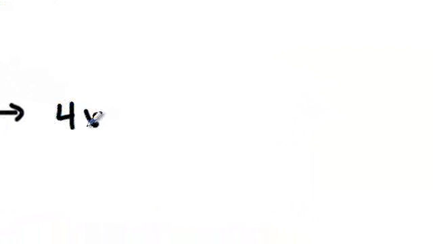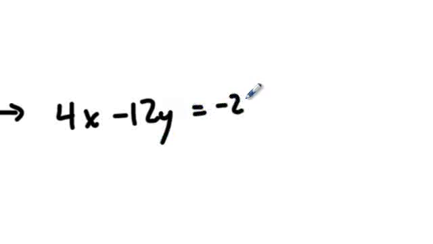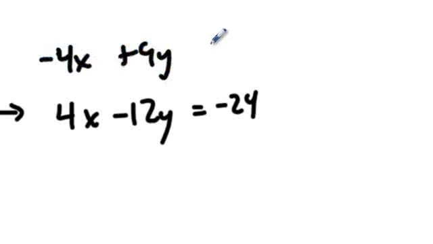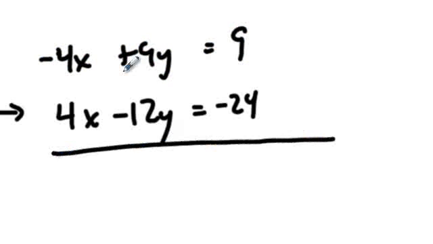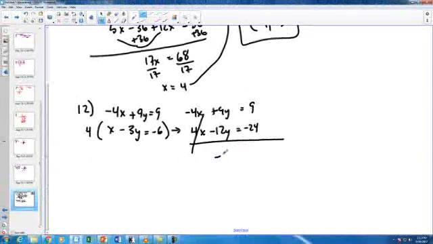I'm going to have 4x minus 12y equals negative 24. And the first equation I'm leaving alone: negative 4x plus 9y equals 9. When I combine my like terms, the x's cancel. I get negative 3y equals negative 15, so y would equal 5.